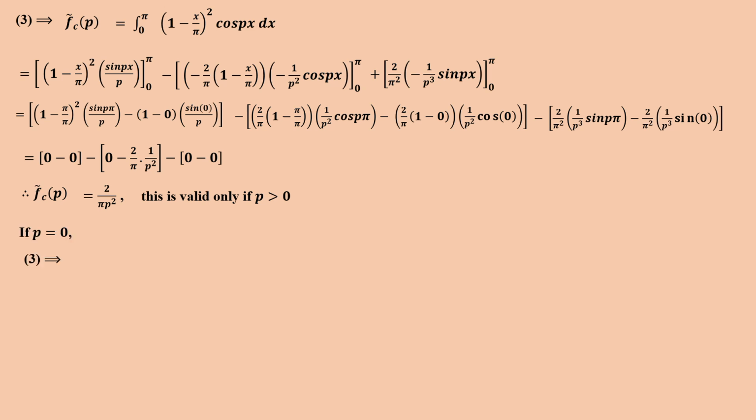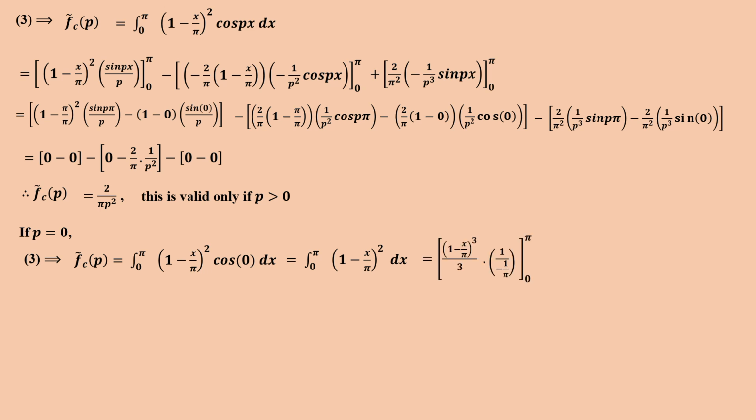So if p equals 0, from 3, put p = 0: fc bar of 0 equals the integral from 0 to π of (1 - x/π)² cos 0 dx, and cos 0 is 1, so that equals the integral from 0 to π of (1 - x/π)² dx.